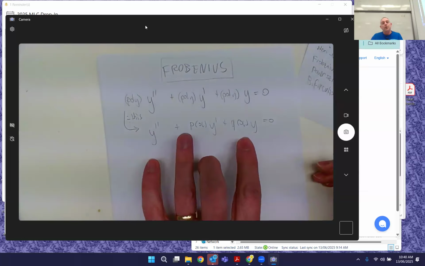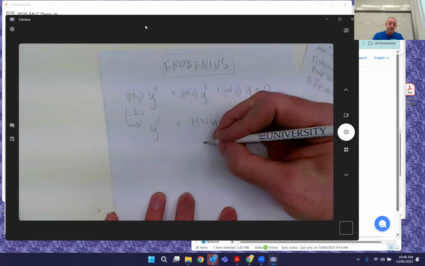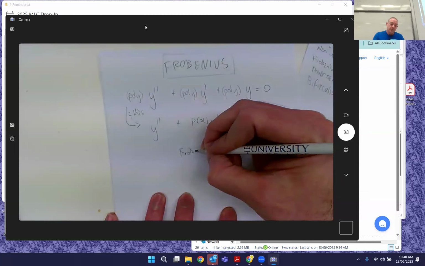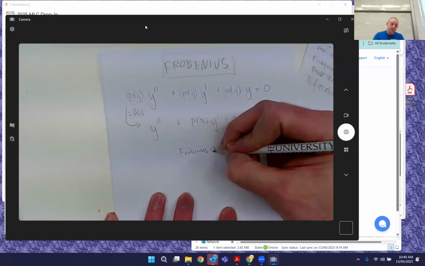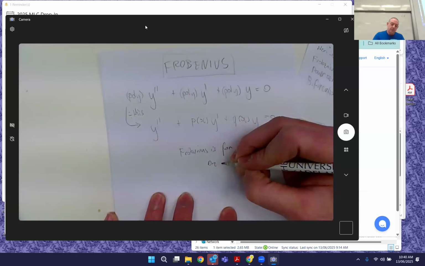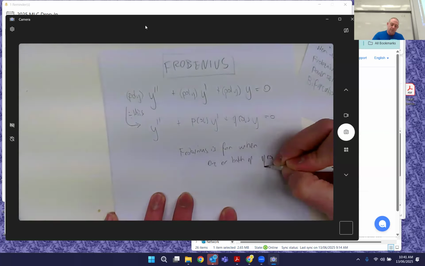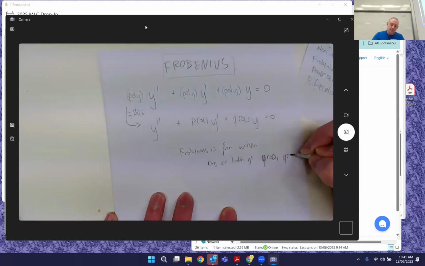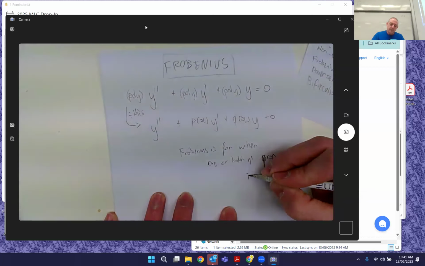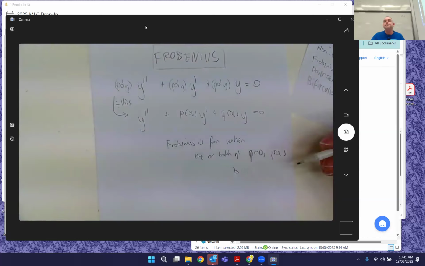It's designed for when one or both of these is undefined when x is 0. I say undefined, but the official word is not analytic.